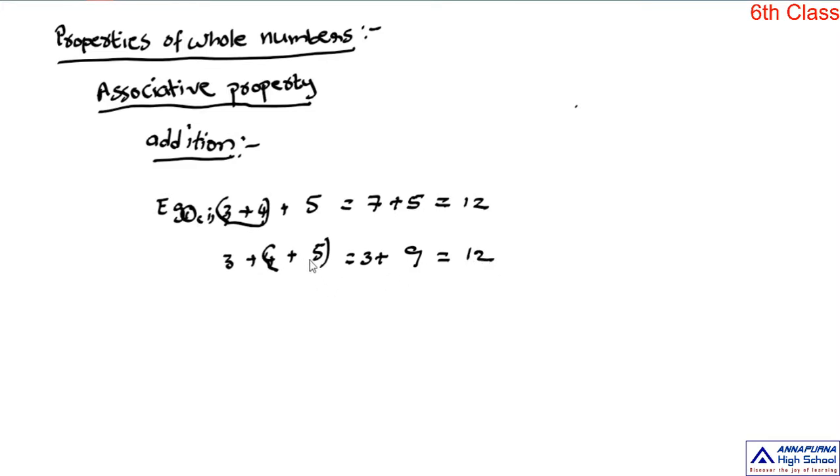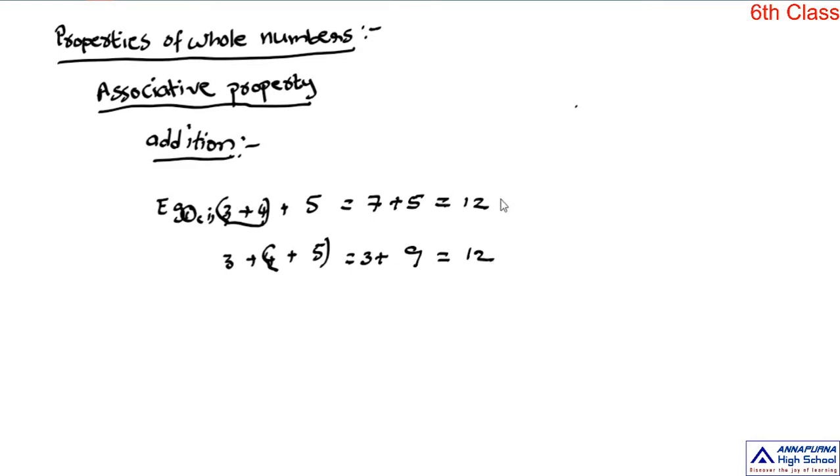Here what we observe is that we can do addition in two different ways. First we can add 3 and 4 and then add 5 to the sum. The result is 12. Second one, first we add 4 and 5, that is equal to 9, and then add 3 to the sum, that is equal to 12.